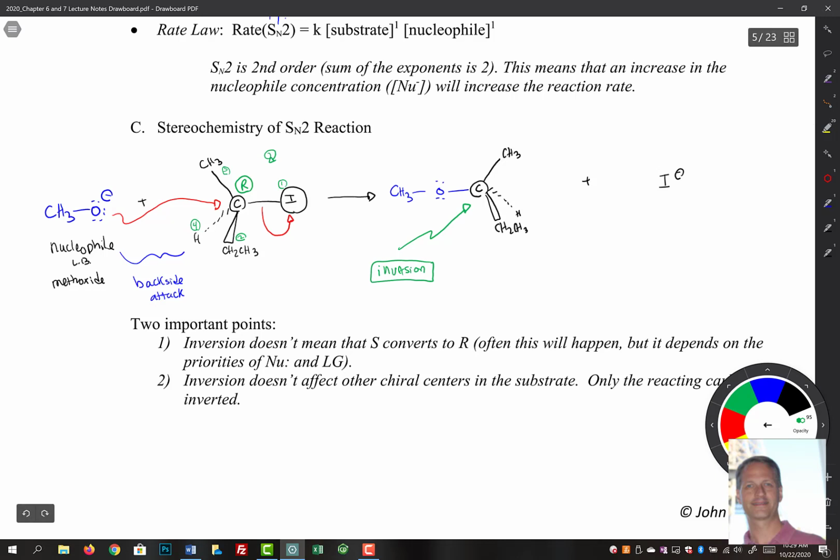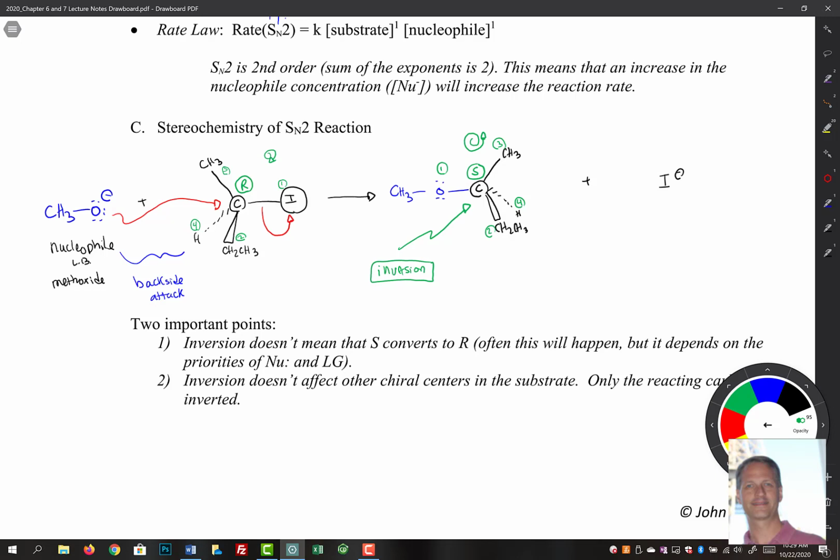Now if we look at this and label this as R or S, let's do it. So this would be number 1, this would be 2, that's 4, and this is 3. So it goes this direction right now. H is pointing away from us, and right now that is S. Now, there's 2 really important points here.